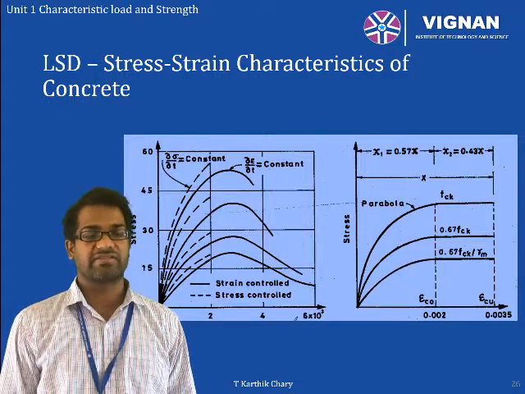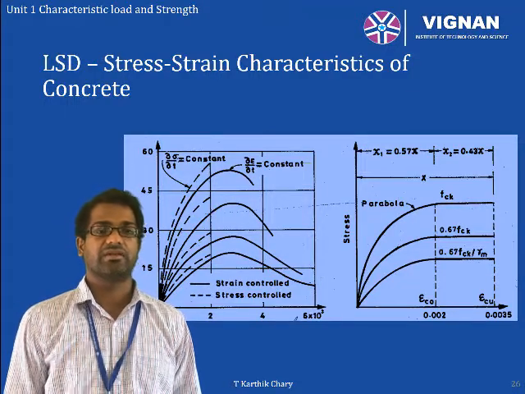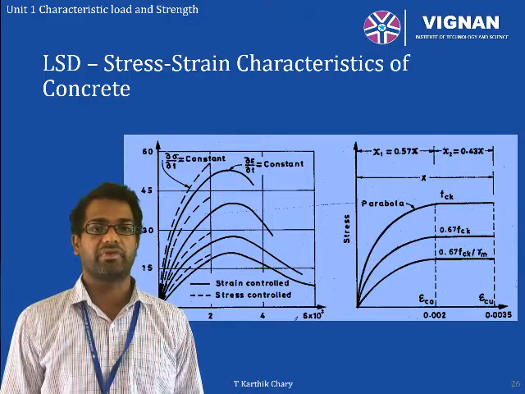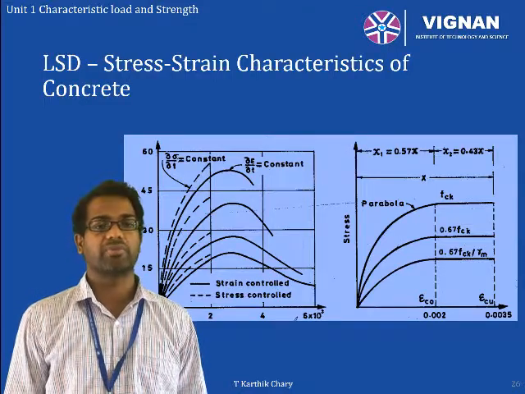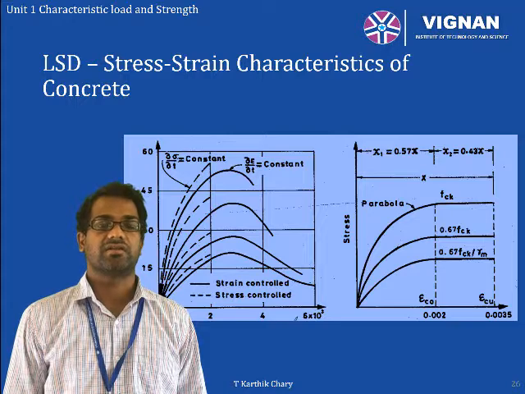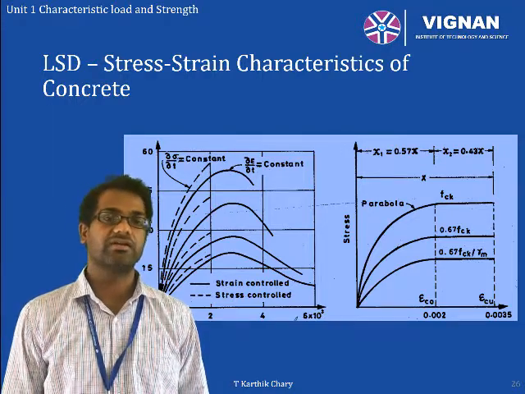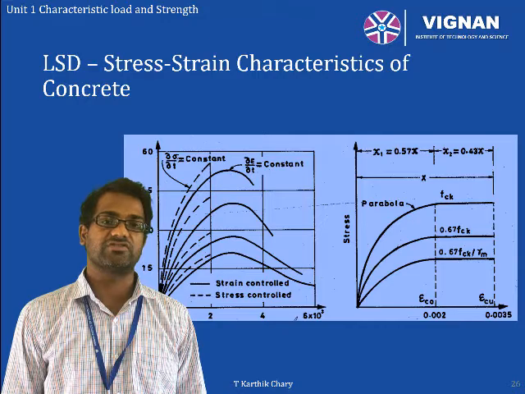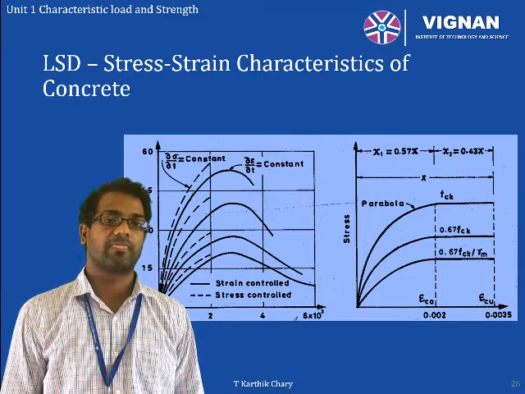As per limit state design, the stress strain curves for concrete can be plotted by assuming the rate of change of stress as constant and the rate of change of strain as constant.